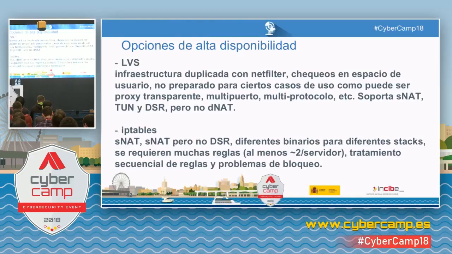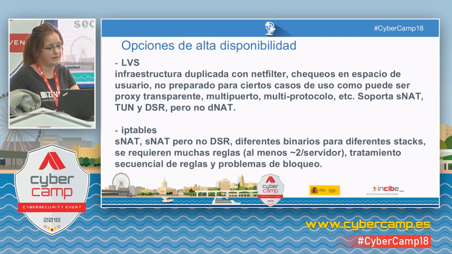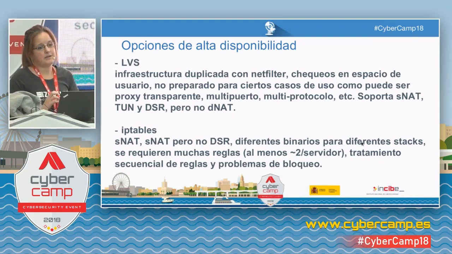At the kernel space level, there are different ways to work with load balancing. One of them would be working with LVS, this virtual server that has been native since the 1990s, I think. LVS is an implementation within the Netfilter system, although there is a different group of developers in charge of maintenance.